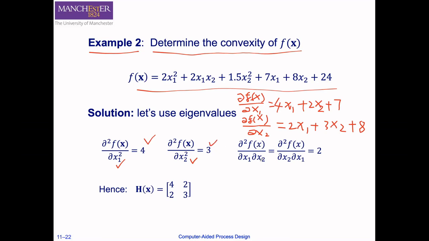We can also calculate the second partial derivative with respect to x1, x2, or x2 and x1. They are the same. Then we can get the value is equal to 2. Then we can obtain the Hessian matrix of function f(x). Let's obtain the eigenvalues of this Hessian matrix.